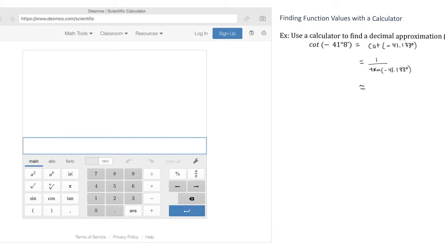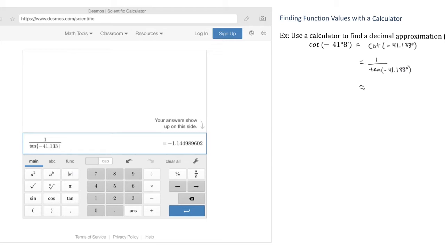So we'll pull out a calculator and we're going to go 1 divided by the tangent of negative 41.133 degrees.